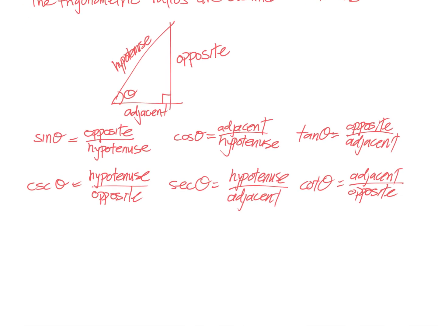Now, a common mnemonic device for remembering these relationships is something called SOHCAHTOA.